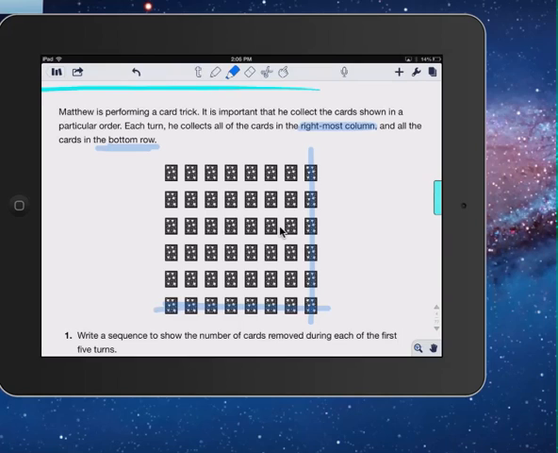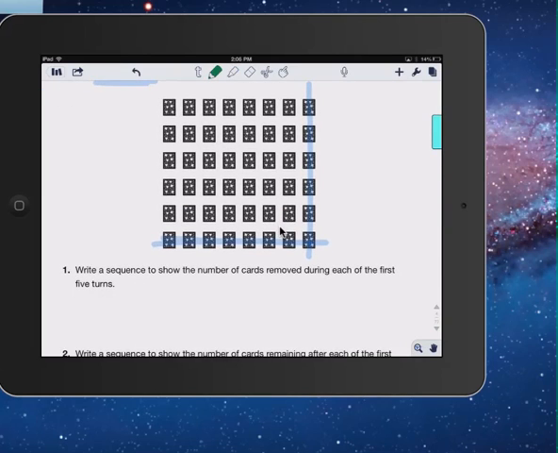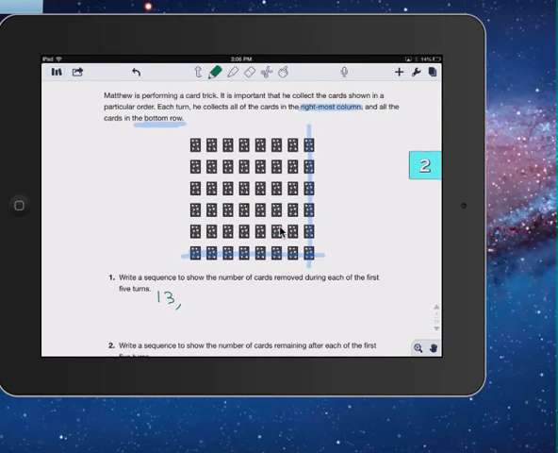So how many cards did he pick up? Tell each other how many cards he picked up. 13. So in my first turn, he took up 13 cards. He took up this, and he took up that, and then he stopped. Put it down. Okay? That's term number 1.